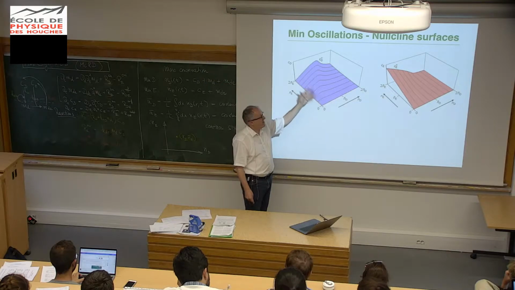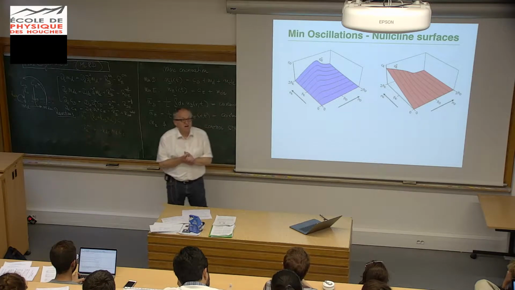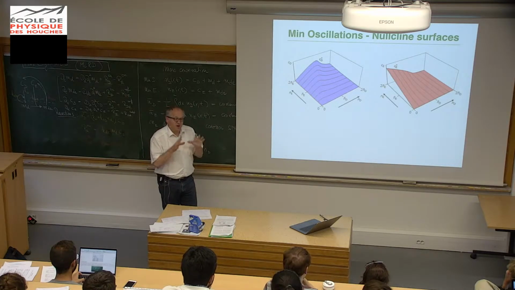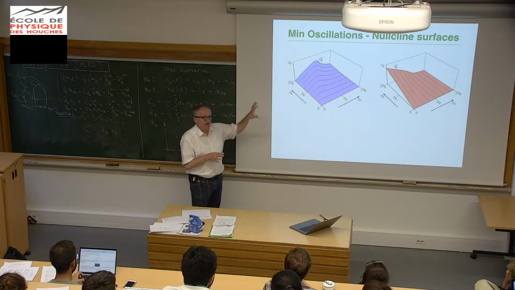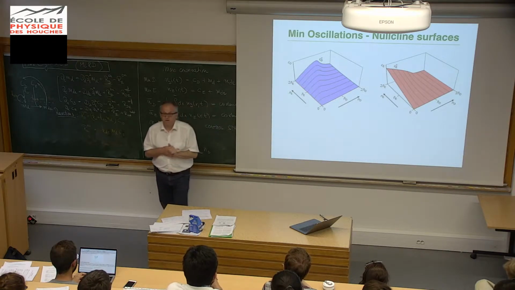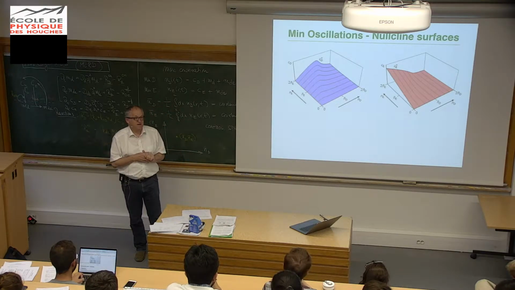So in principle, you could actually map out those surfaces. They are experimentally accessible variables, and they are also, and that's nice, the main objects for the theory. If I use those surfaces, I can tell you what kind of pattern formation you have in the system.